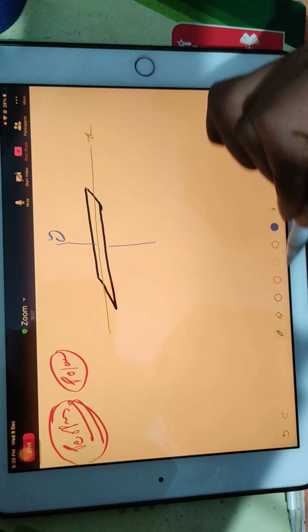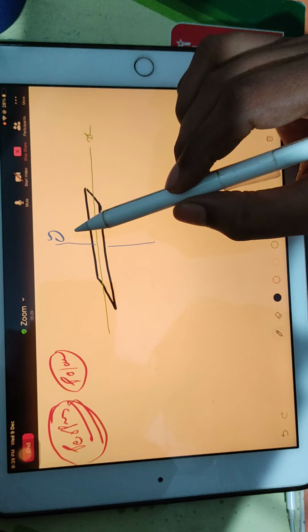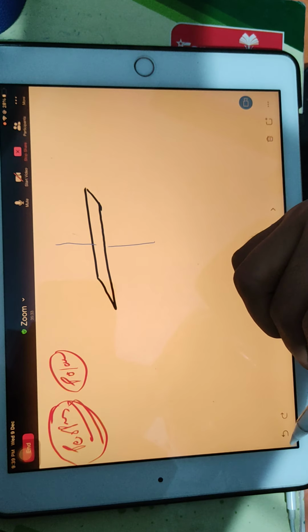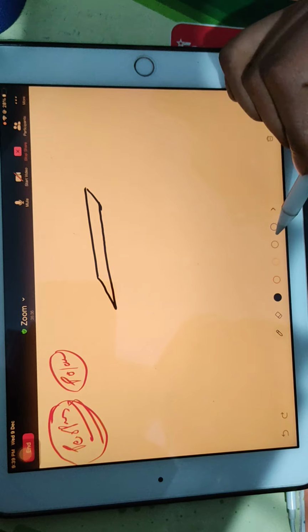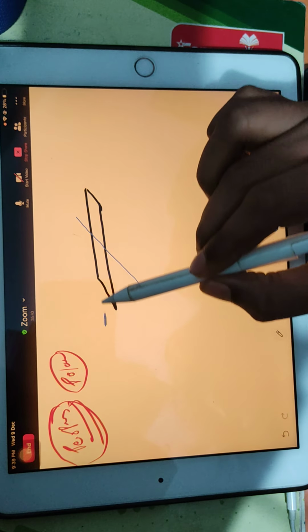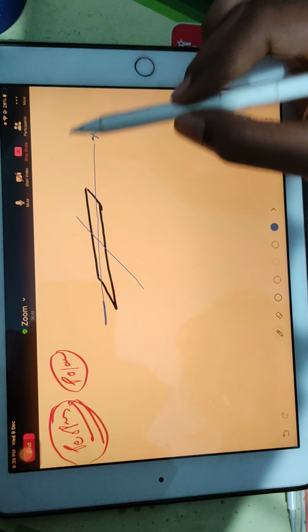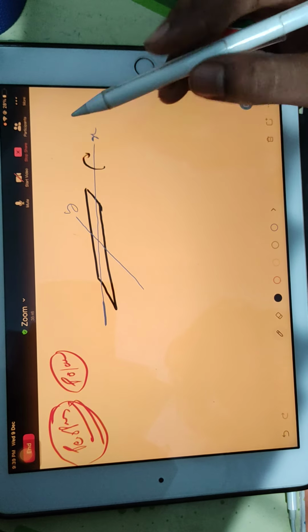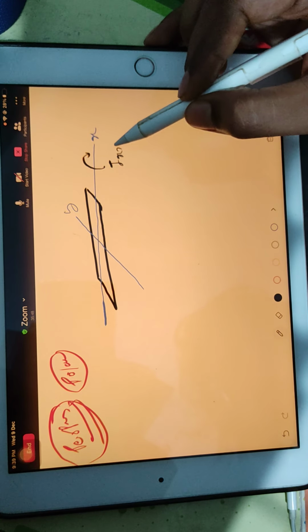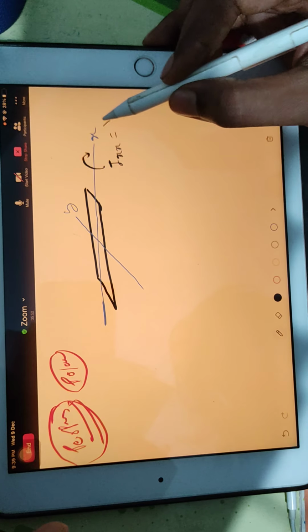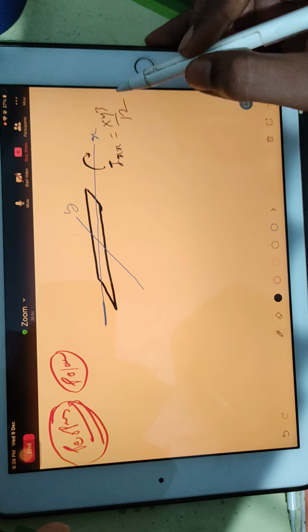Y will also be in the plane like this, and x will also be in the plane like this, the x-axis and y-axis. If your body rotates about the x-axis, then we say moment of inertia Ixx, and we use the formula x y cube by 12, because x is not rotating.